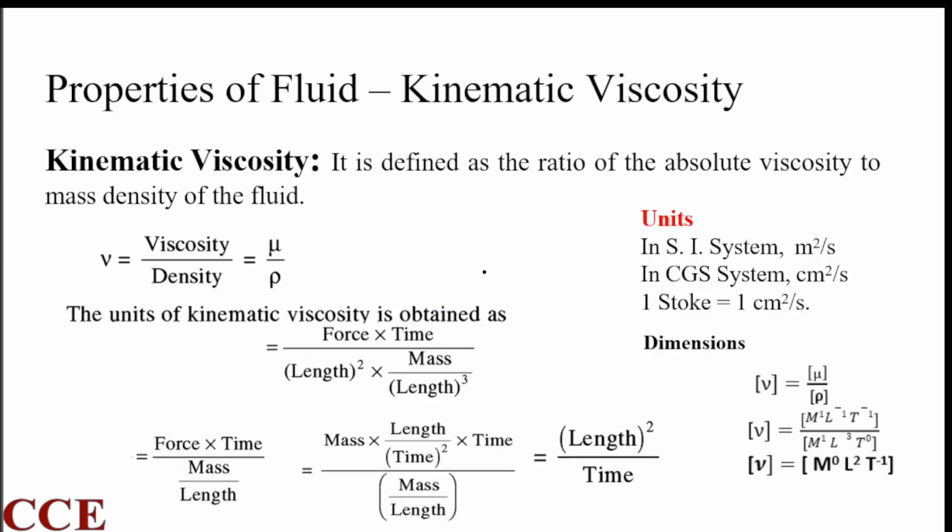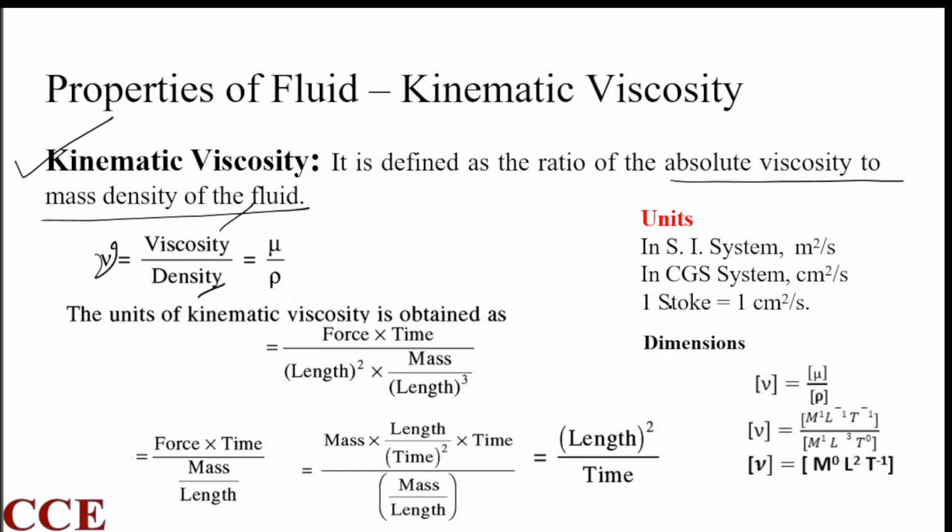One more viscosity is there, which is called kinematic viscosity. Now what is this kinematic viscosity? It is the ratio of absolute viscosity to the mass density of the fluid. So the notation is nu is equal to absolute or dynamic viscosity divided by density.